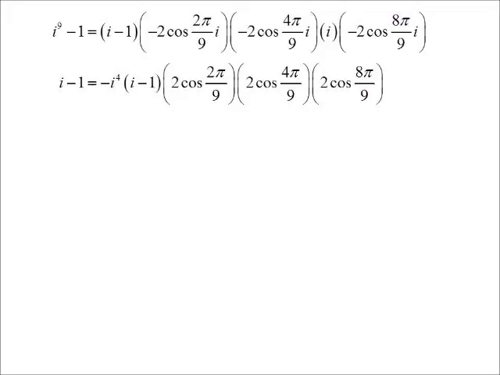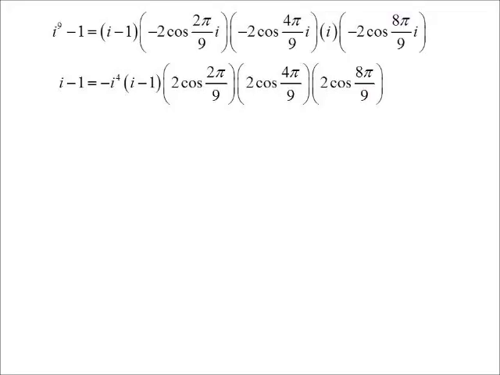So I factorised out minus, because I took the negative signs out as well, minus i to the 4. i to the 4 is 1. Now, on this side, i to the 9 minus 1. Well, i to the 9 is i. So I've now got i minus 1. Oh, I've got an i minus 1 on this side too, so I can divide by i minus 1.